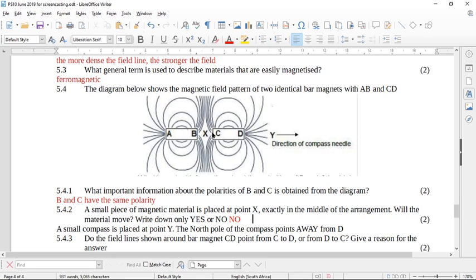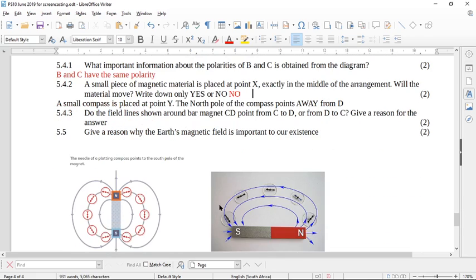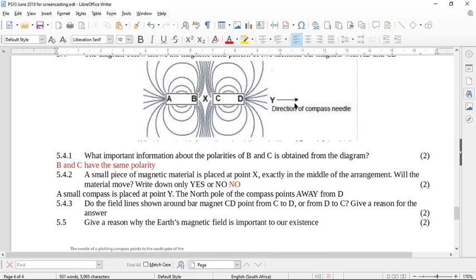So now in the memo, they say to you that this is a south pole. They are wrong. It's got to be the north pole. If you have a look at all the diagrams, they show you the needle of a plotting compass is pointing to the south pole, so it's coming out the north pole. Look at here, north pole, the magnet is pointing away. So here the compass needle is pointing away.